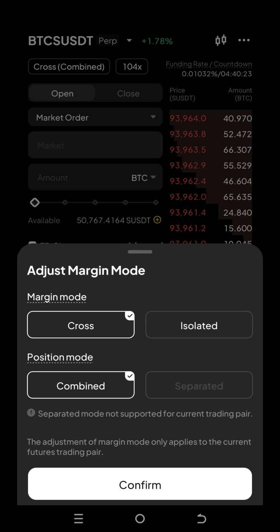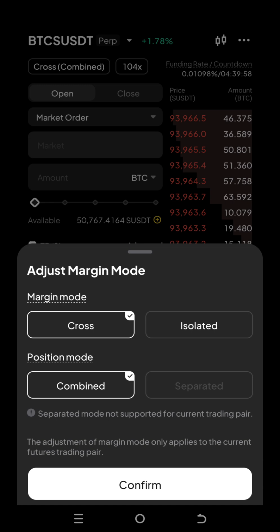Now that would mean that if the trade is going against me, when it reaches 100% of the amount I put, it will start taking money from my account, that is from the remaining $95, so that it can sustain the trade. That is what cross margin does.